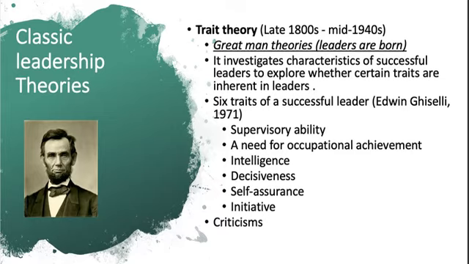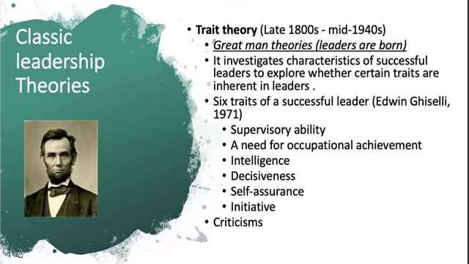So for trait theory, a lot of research has been conducted in the last, let's say, 100 years, trying to identify what kind of traits or characteristics make very effective leaders. One very influential study, published in 1971, says a successful leader needs to have 6 traits. The first one is supervisory ability. You are able to supervise other people to do things.